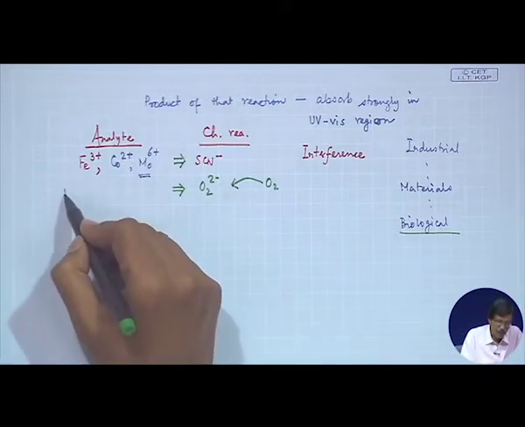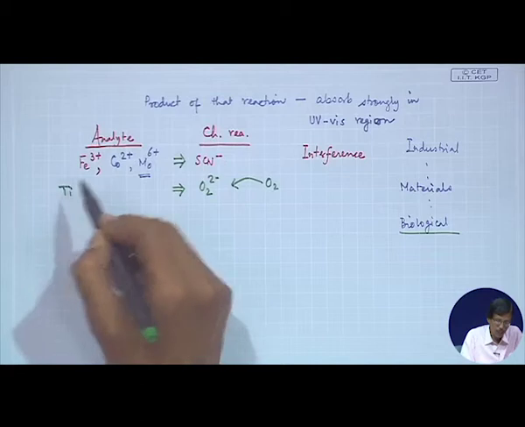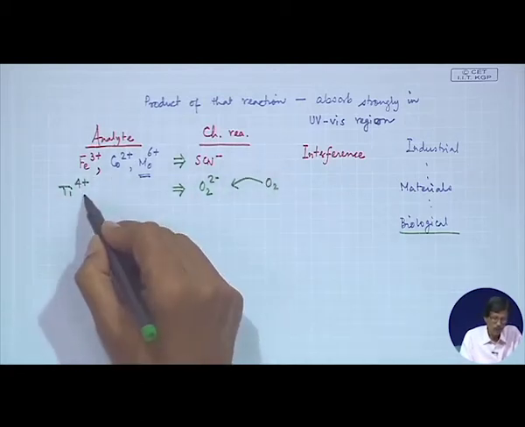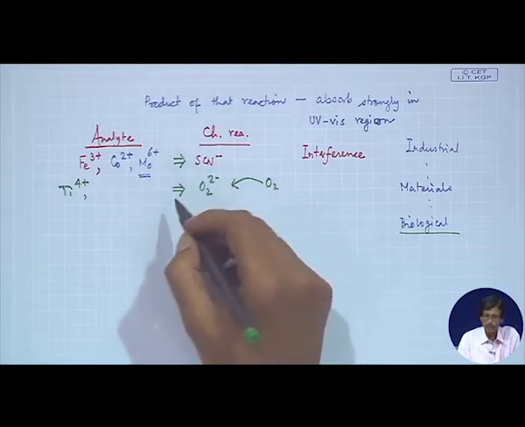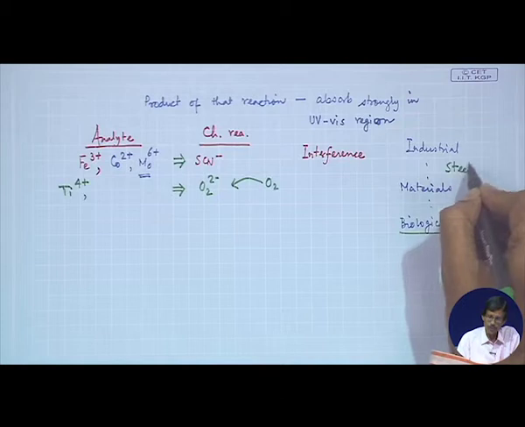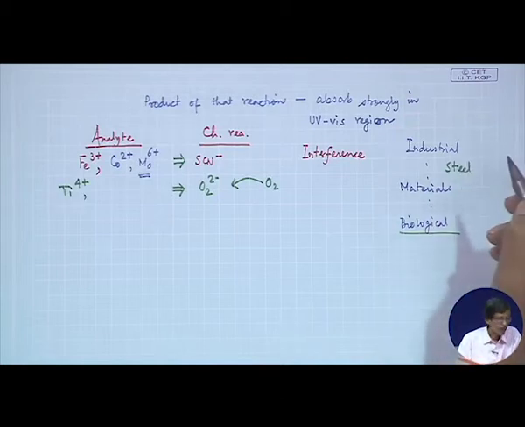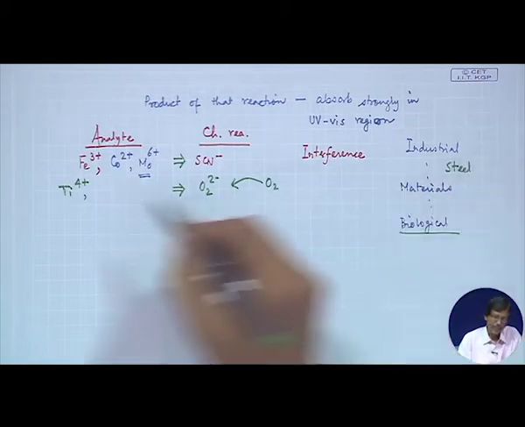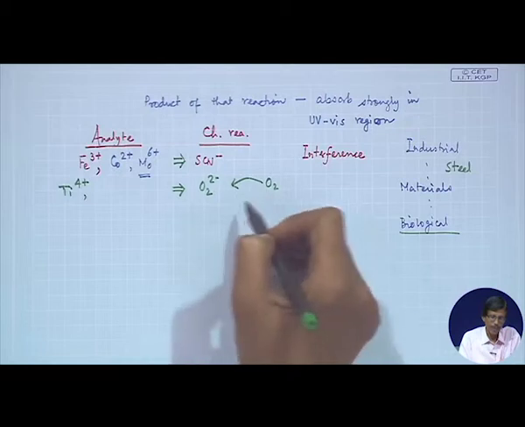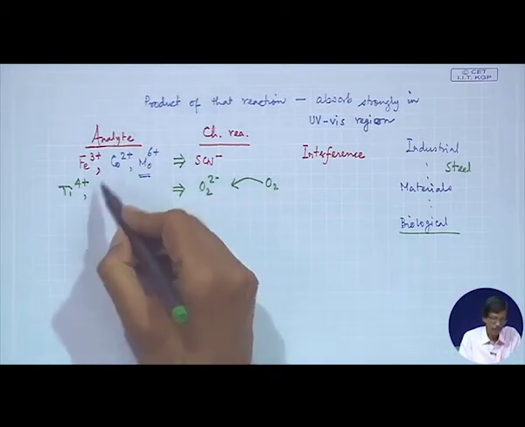So, this can form good peroxo compounds. We all know this while we go for the detection of titanium 4 plus, again a very good industrial sample in terms of steel samples. Titanium can be there as titanium oxide. So, a large number of samples containing titanium can be analyzed by this particular technique.